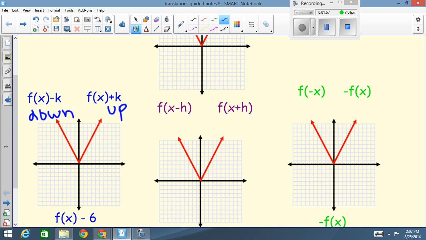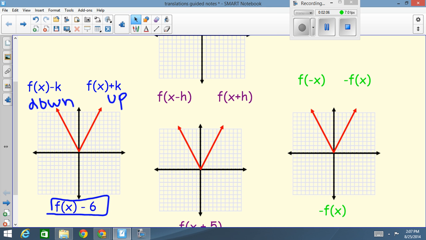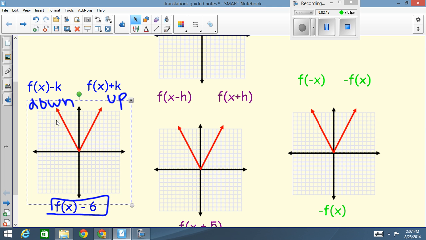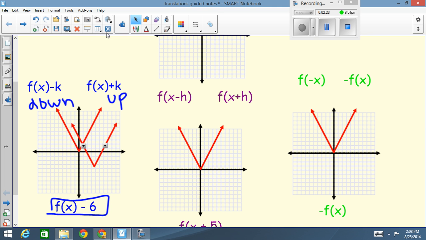So now, as I look at this, and I have this particular function, f of x minus 6, what I'm going to do is essentially clone the function. Alright, let me clone this function as I see it. So there I've cloned it. And now this new function, I want to move down 6 units. So here's where I started.